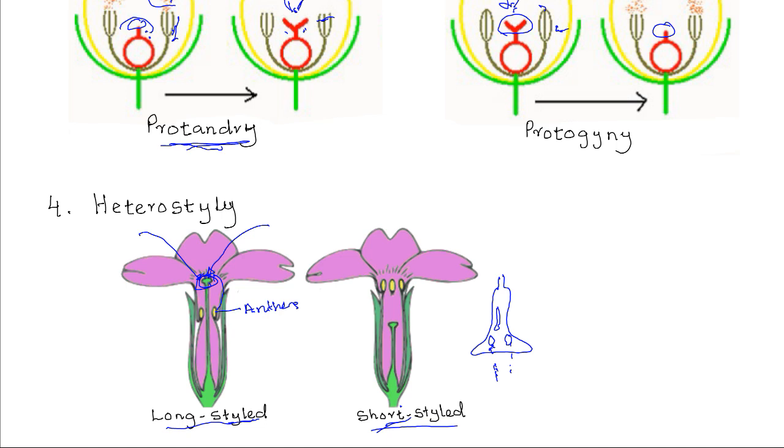And these flowers are usually insect-pollinated, so the insect will come in from outside, go to the base where the nectaries are likely to be found, and in the process, bring along pollen grains that are deposited on the stigma. So heterostyly promotes self-pollination to some extent, but mainly promotes cross-pollination, especially in the long-styled types of flowers.